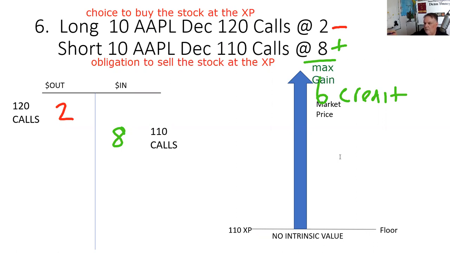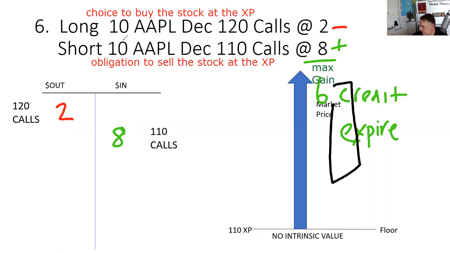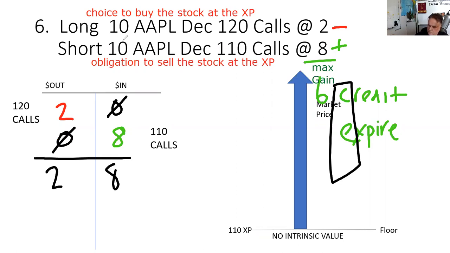The next thing we want to be able to do on the exam, once we've identified a spread and a credit, is determine whether we want the contracts to expire or to be exercised. If the contracts expire, that would be wonderful news, because I would have more money in than money out.